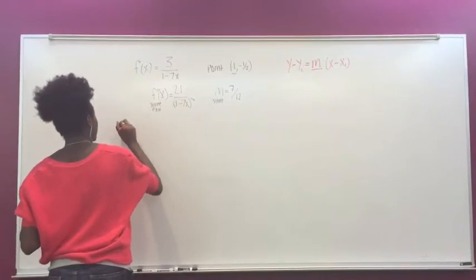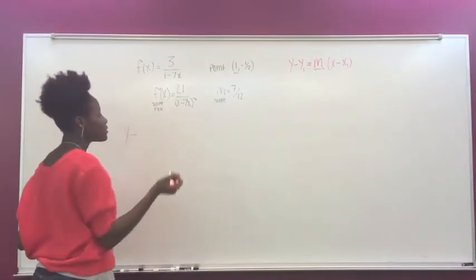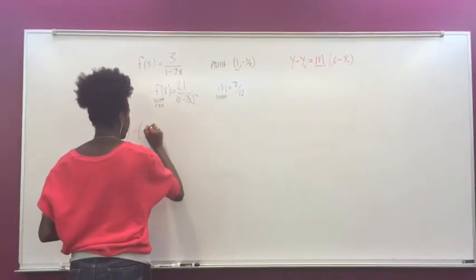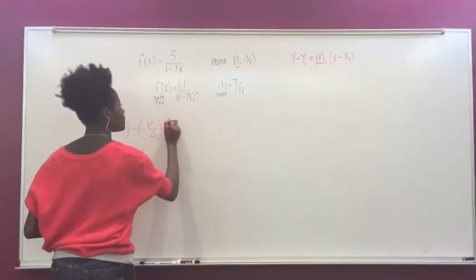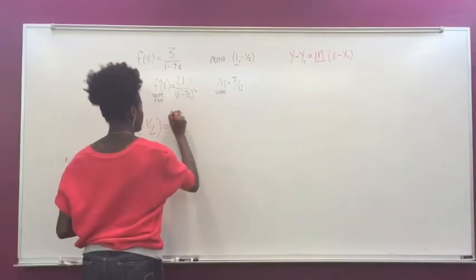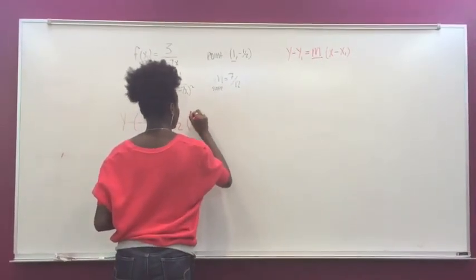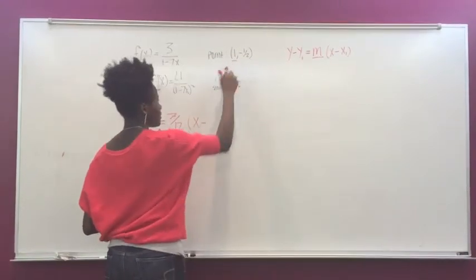So y minus y1, which is negative 1/2, equals the slope, 7 over 12, times x minus 1.